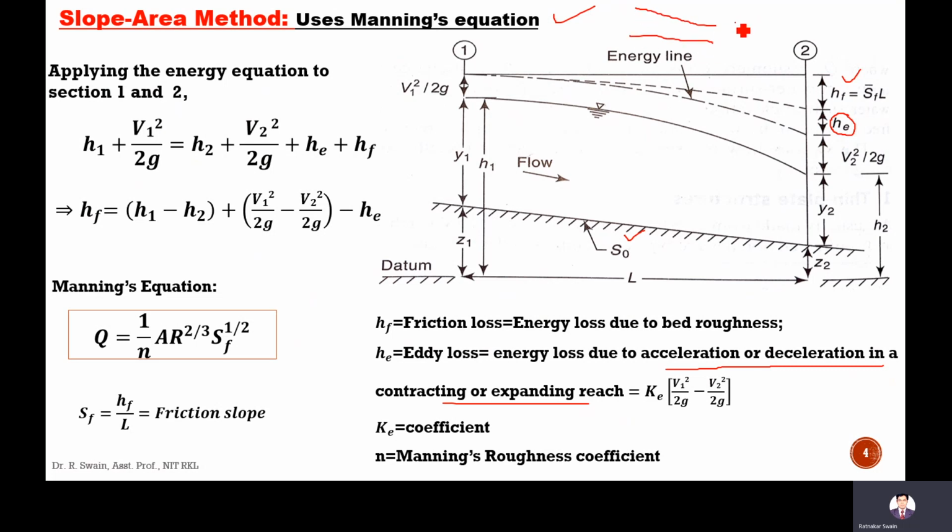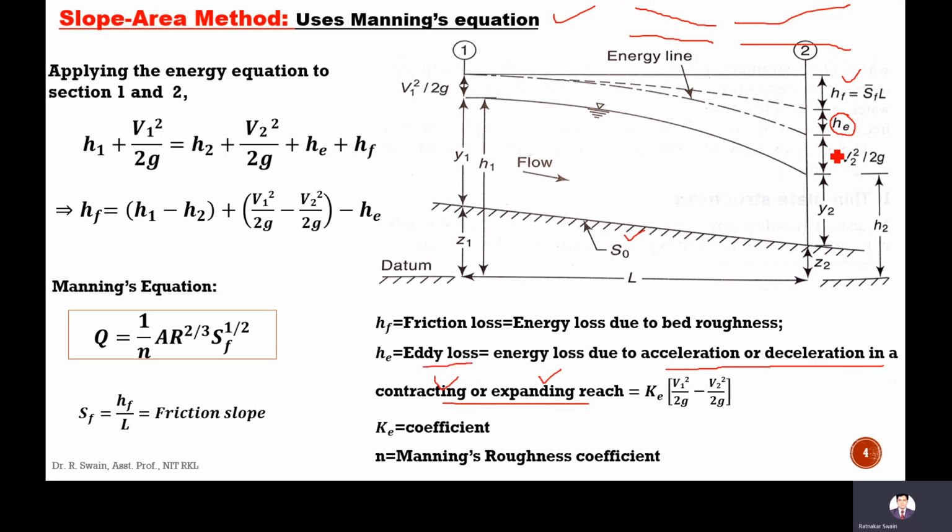If there is contraction or expansion of the channel, like in pipe flow, you must have studied in fluid mechanics, there is contraction loss, expansion loss, and friction loss. So here in open channel also there will be different losses. Due to this contraction loss and expansion loss, that loss is called eddy loss, HE.